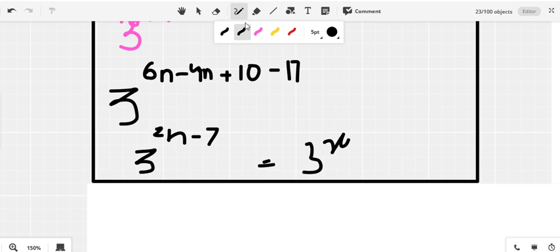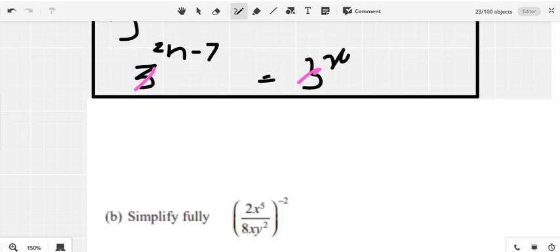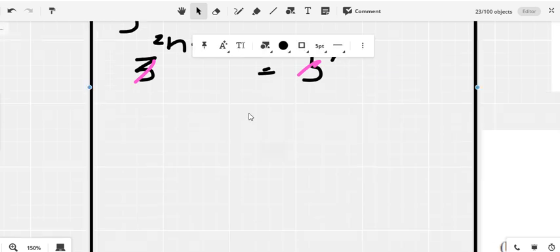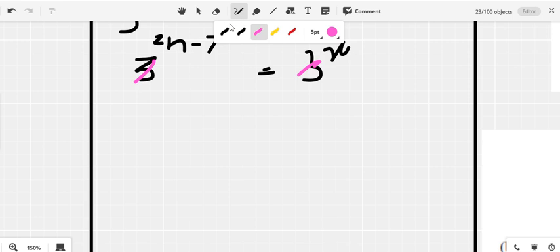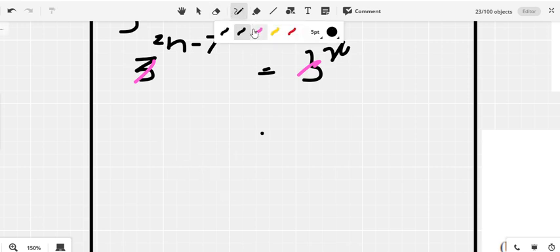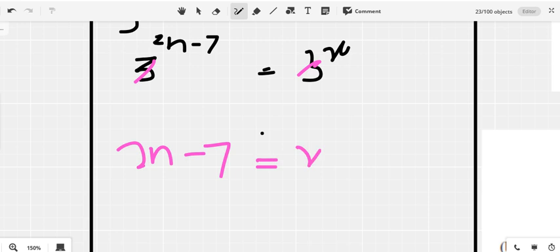So we can see that our 3 and 3 cancel out, and we got 2n minus 7 equals to x, but we have to find out n.